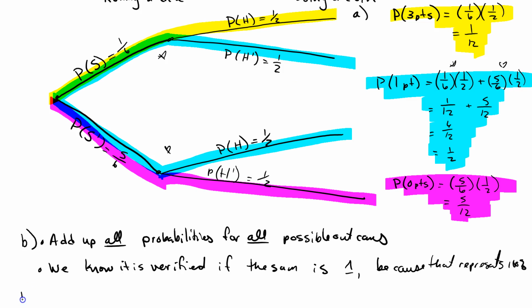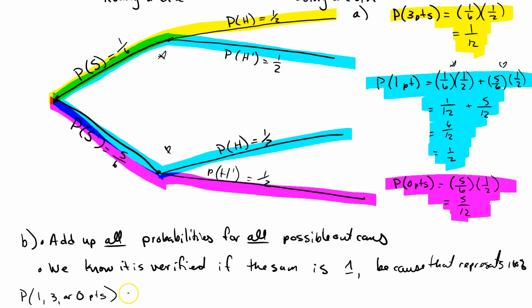So let's try it out. Probability of 1, 3, or 0 points. I'm using or because it doesn't have to be 1 and 3 points at the same time. Just letting you know that's mutually exclusive.